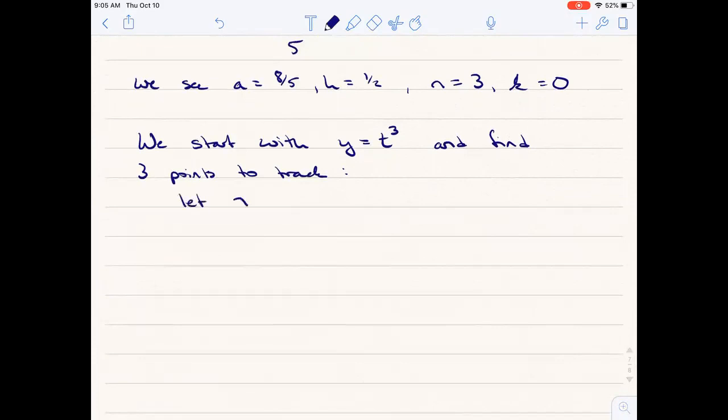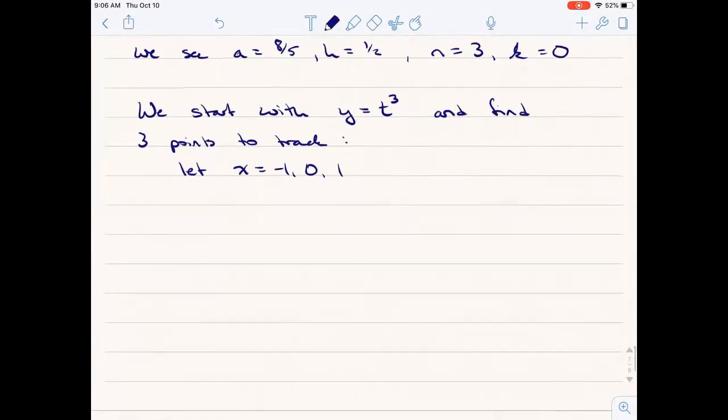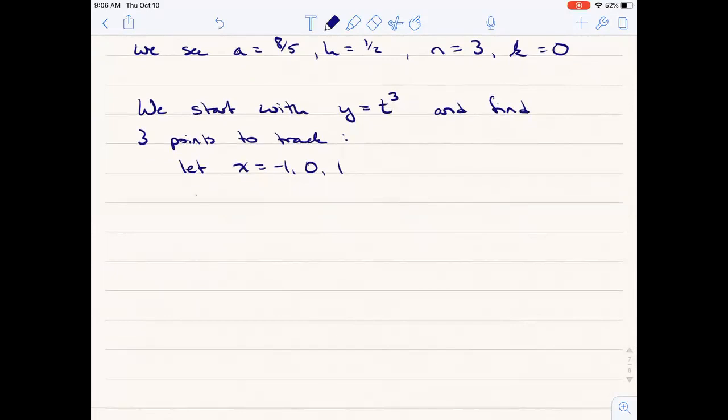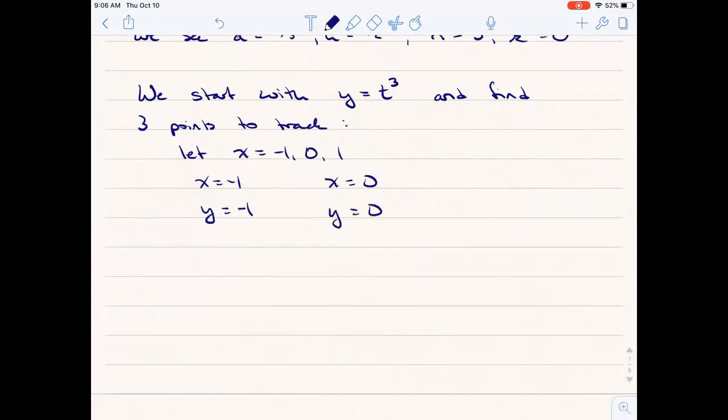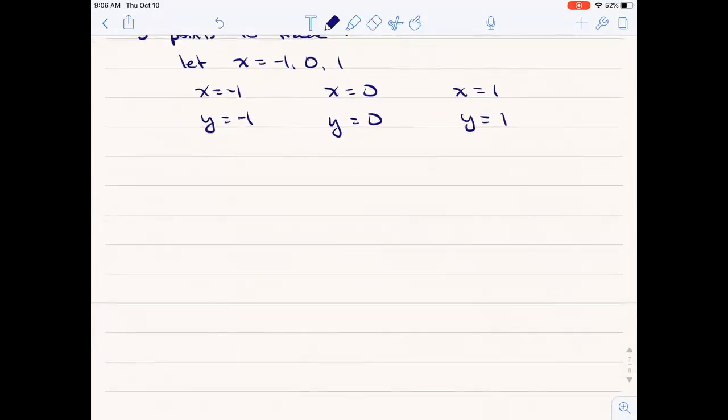I'm going to let x be -1, 0, and 1 again, because those are easy to deal with. If x is -1, -1 to the power of 3 is -1. If x is 0, 0 to the power of 3 is 0. If x is 1, 1 to the power of 3 is 1. Okay. So these are the points that I'm going to be following around.